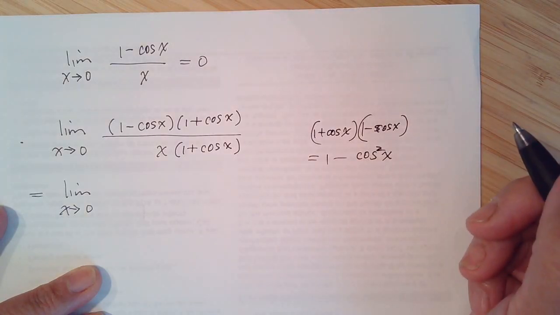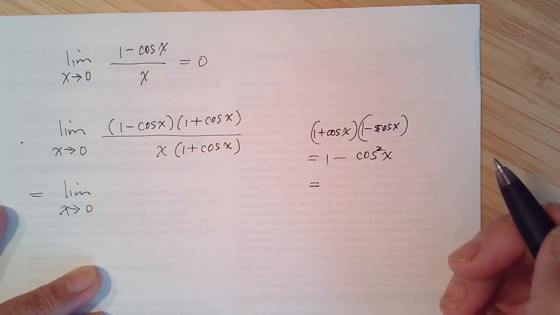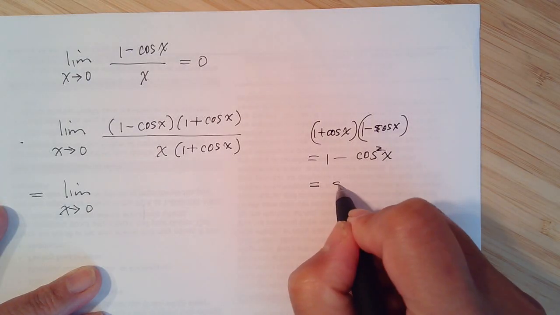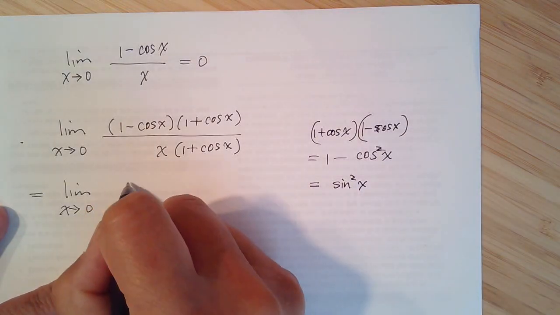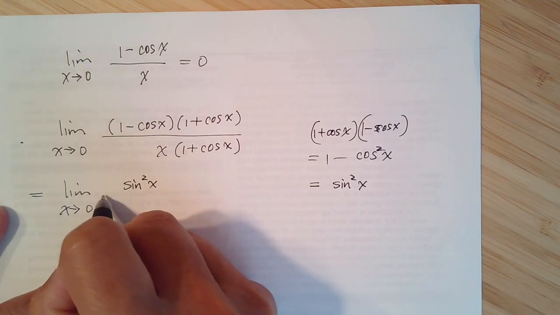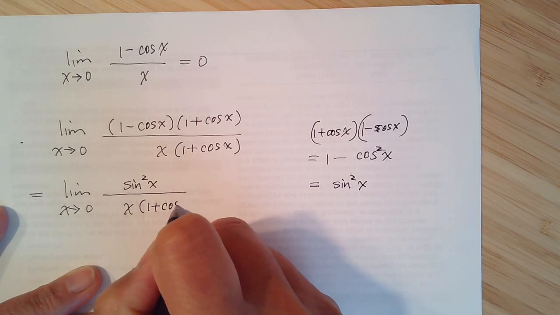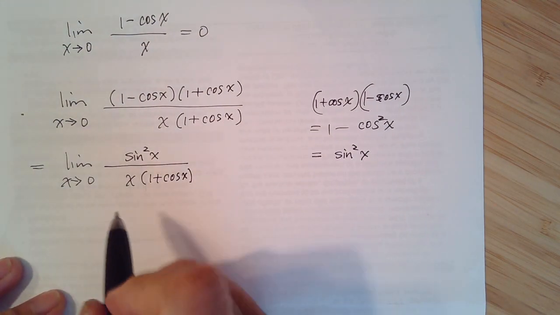If you still remember what you learned in pre-calculus 2 about trigonometric functions, 1 minus cosine squared is going to be sine squared x. So the top is sine squared x over x times 1 plus cosine x. It's not bad at all, right?